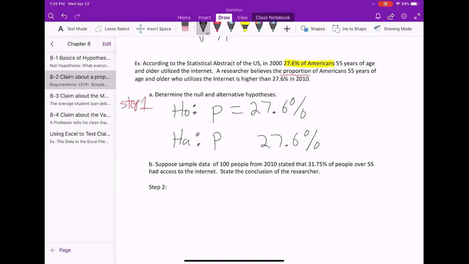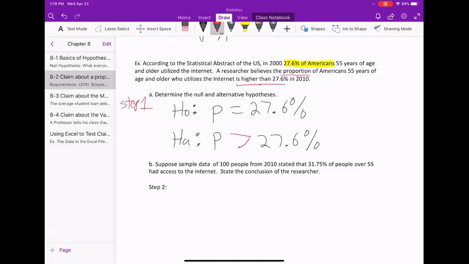So the null and alternative have the same population parameter and the same value. The part that we now have to decide for our alternative is what inequality do we use? Greater than, right? P is greater than 27.6% because of the word higher or higher than.